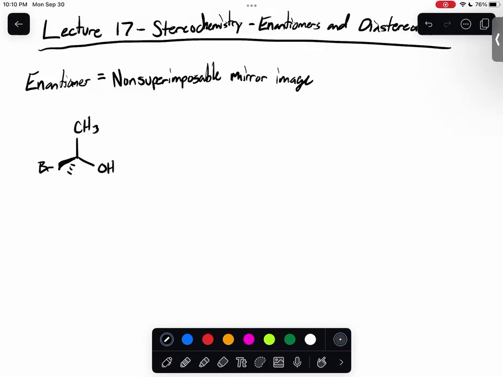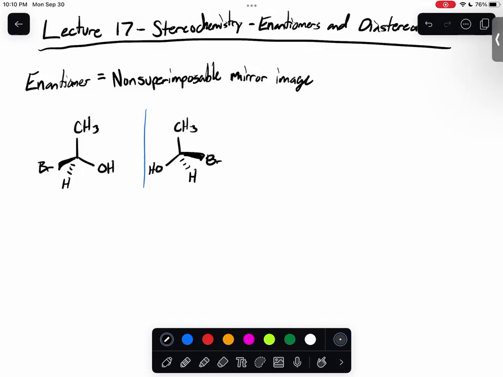It's this one here. You will probably remember that the mirror image of this one is a little different from what we just drew because, as a reminder from the previous lecture, we ended up doing some rotations and proving that these are non-superimposable.